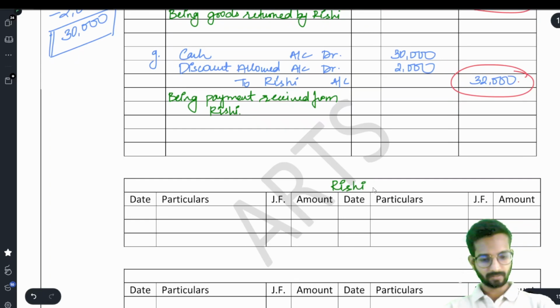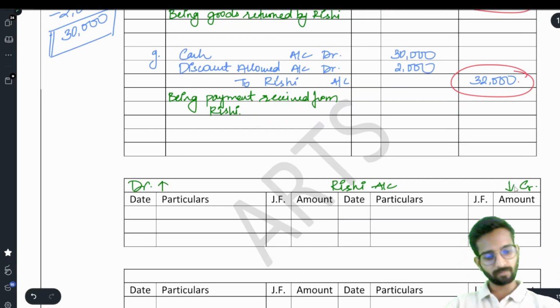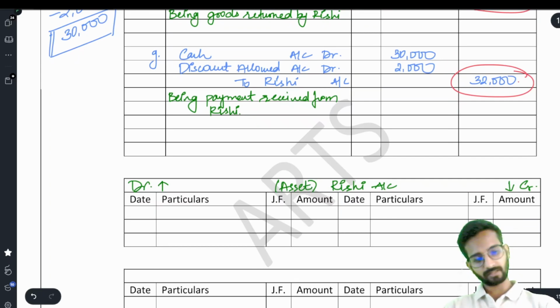Rishi account, credit, debit. He is my debtor because I sold goods to him. So we can say it is nothing but an asset. Now writing here, the first thing we will write is Rishi account debit to sales, sales of 38,000.